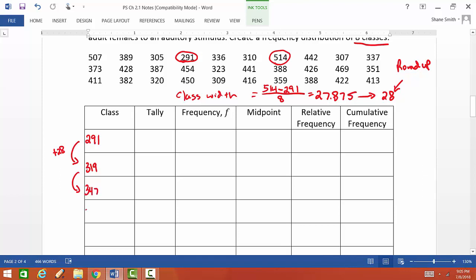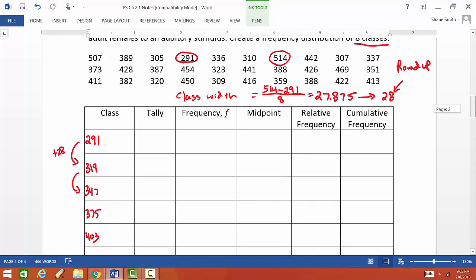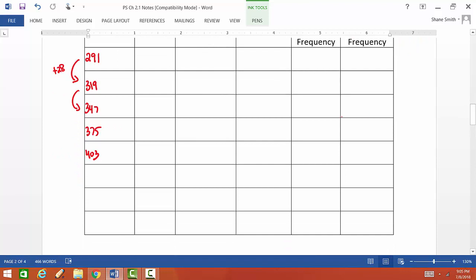And we'll add 28 again, which is 375. And we keep going: 459, 487. I just added 28 every time.